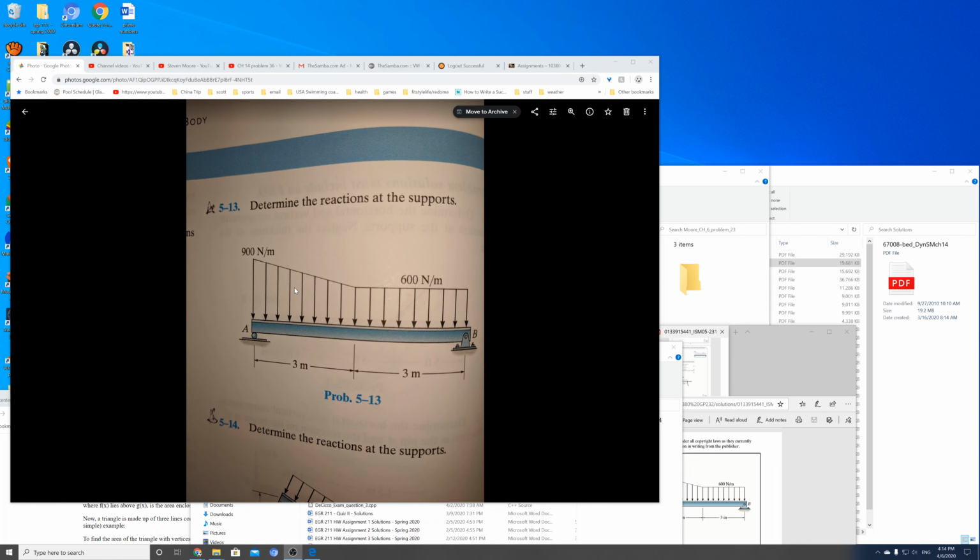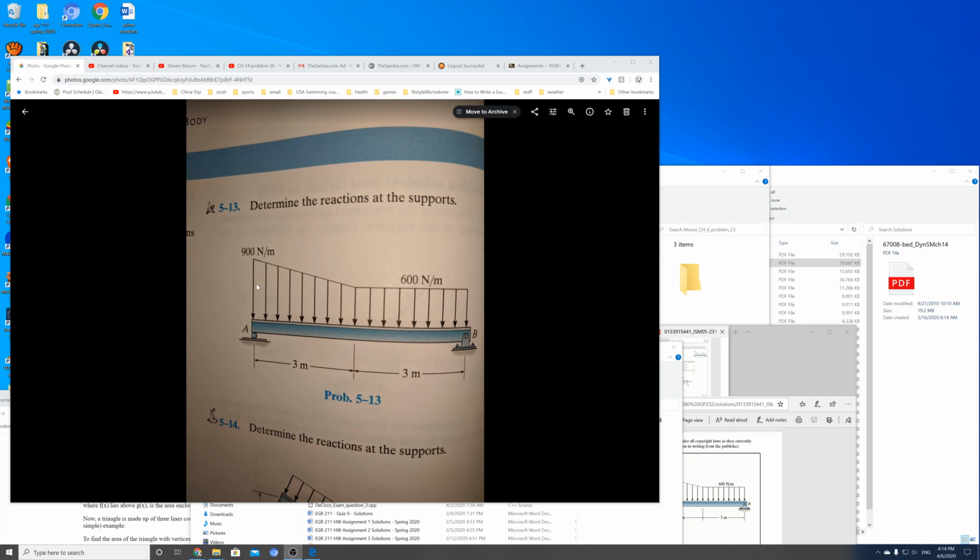Okay, so the first part of this problem, we need to come up with an equivalent force at a position for these. One way to go about solving this is to think about this being 600 Newton meters straight across, all the way across like this, and then coming up with a force, 600 newtons per meter.